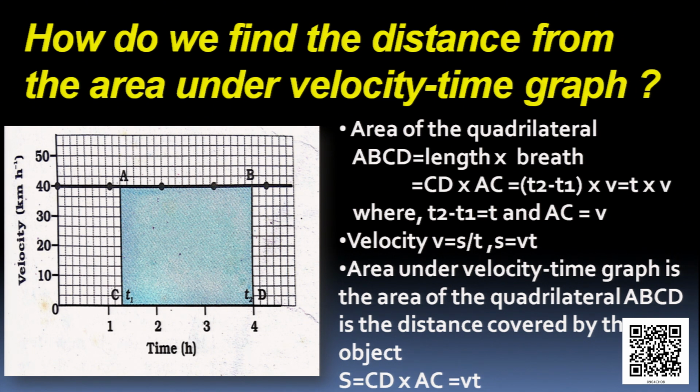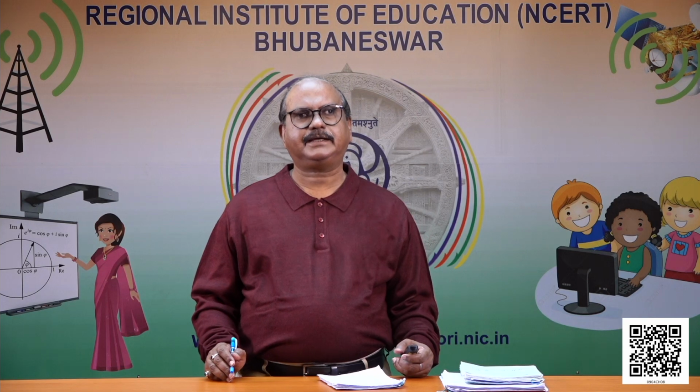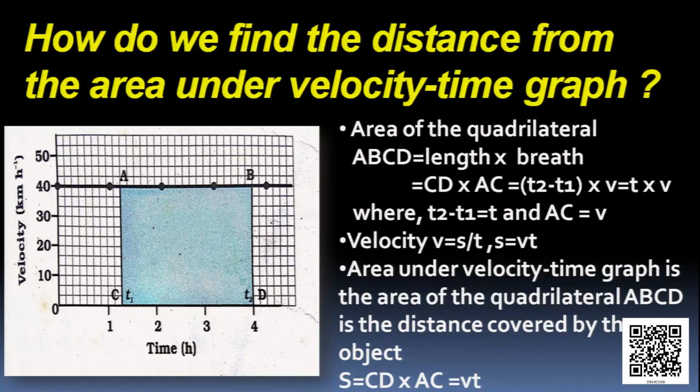Whenever you draw two perpendiculars on the time axis, you find a quadrilateral. A, B, D, C is the quadrilateral. Here A, B, C, D are mentioned on the velocity time graph.